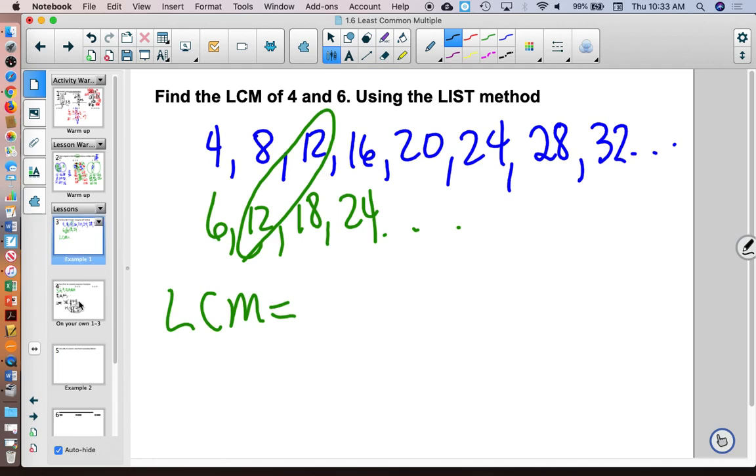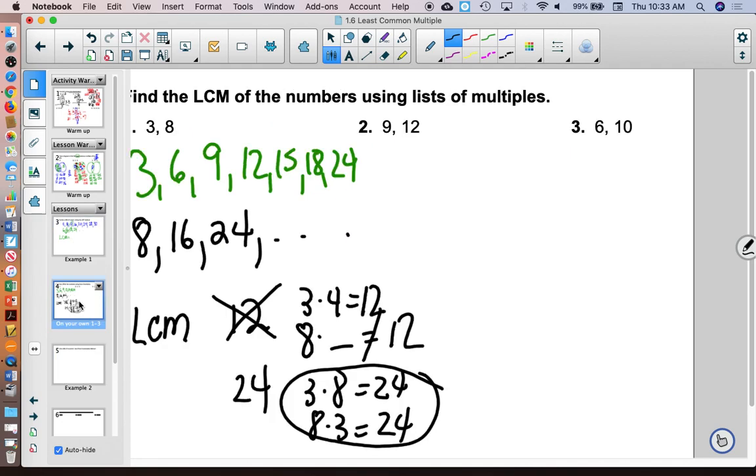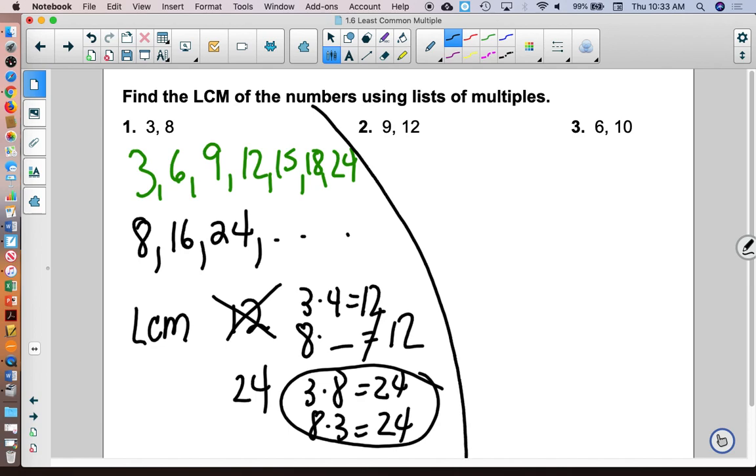Your assignment for tomorrow. Here's what I want. This is pretty tough. You have to do 2 and 3 on your own, because the next step is the prime factorization.